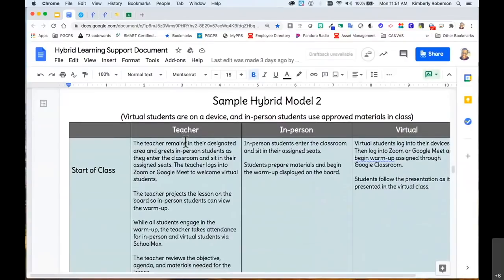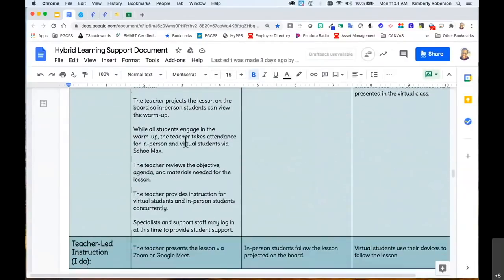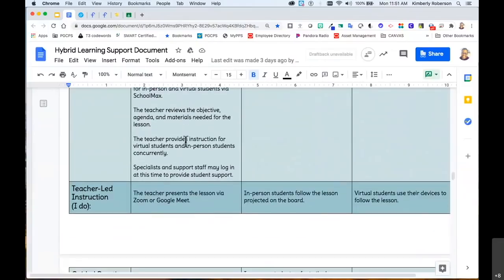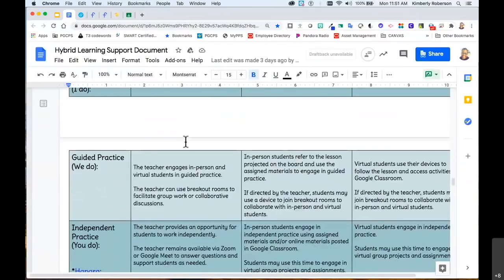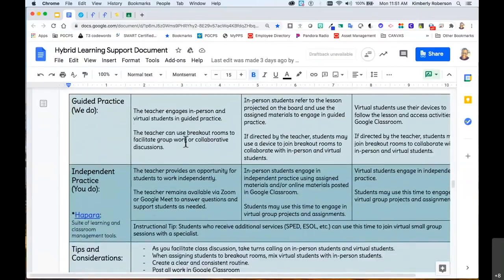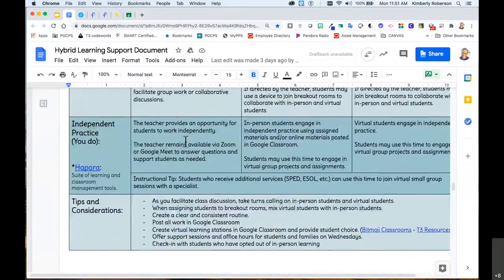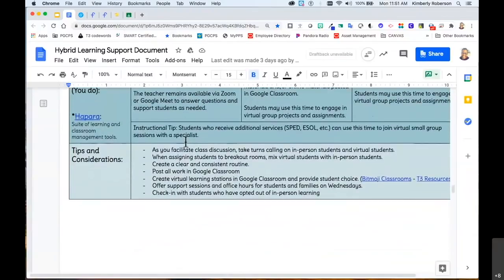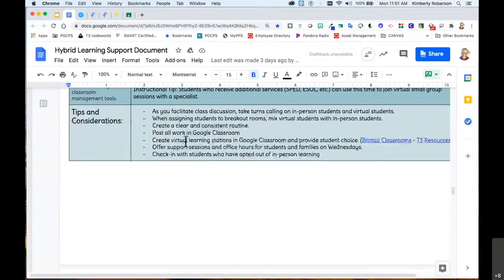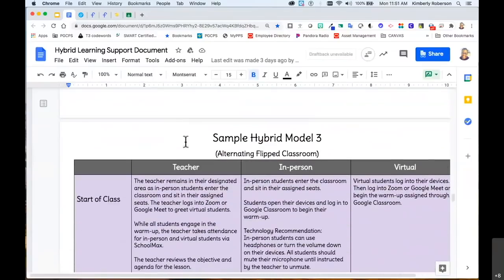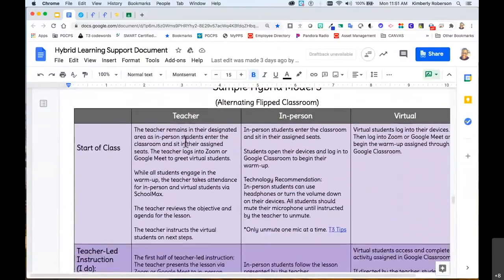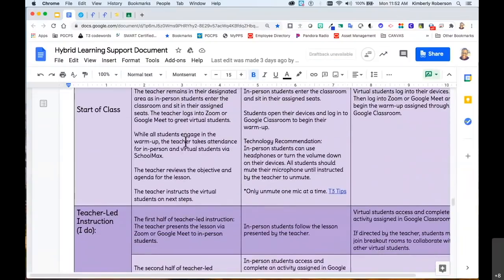The in-person students could be using approved materials such as a textbook. The teacher could read a book to both groups of students or conduct an experiment that allows virtual students to participate online while those in class use materials provided. In Model 3, in-person students work with the teacher while virtual students complete an activity, then they alternate.